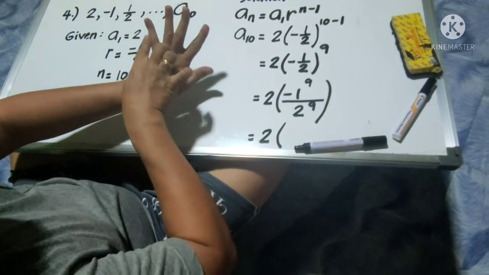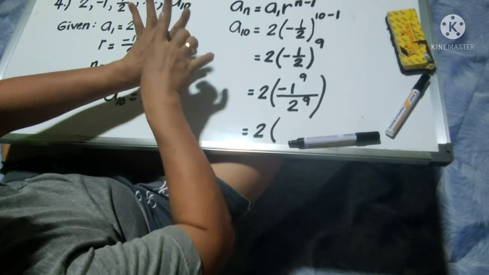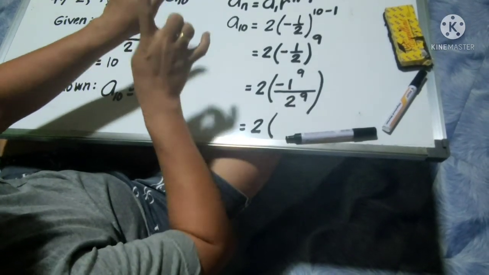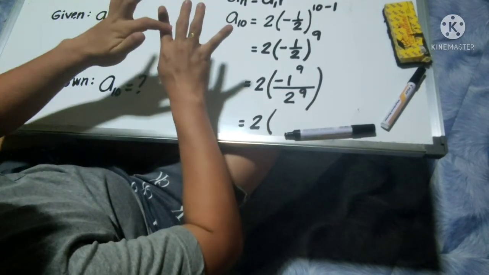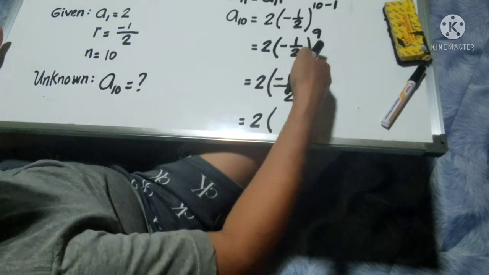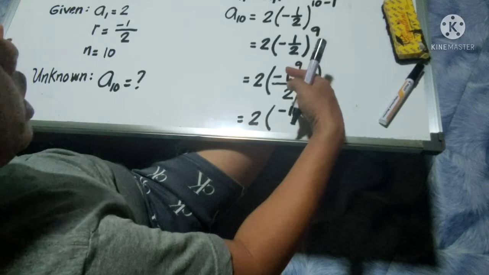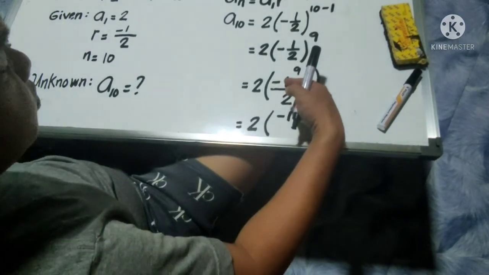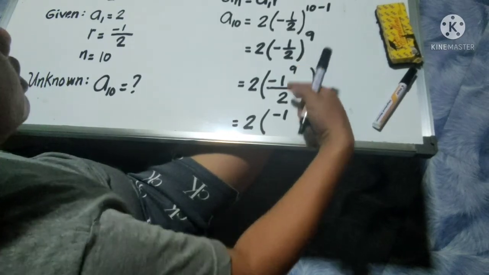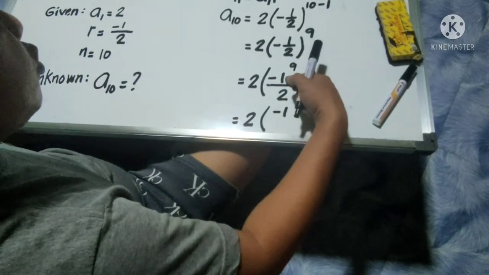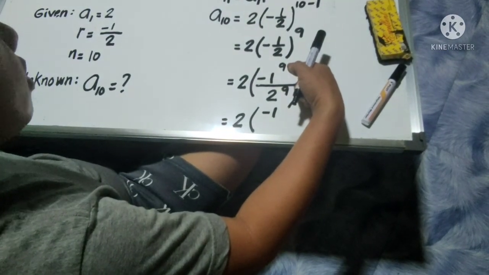So negative 1 times negative 1 is positive 1, times negative 1 is negative 1, and so on: positive, negative, positive, negative. So negative 1 to the exponent of 9 is negative 1. Negative 1 raised to an odd exponent is always negative. If it is raised to an even exponent, it becomes positive.